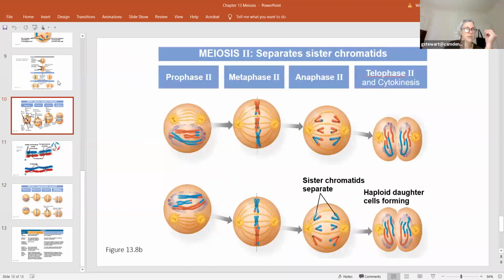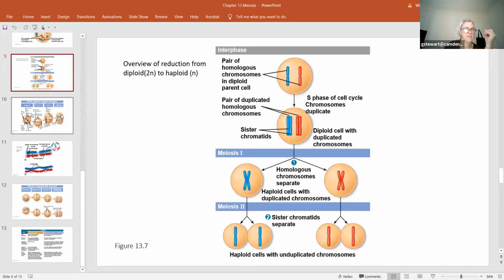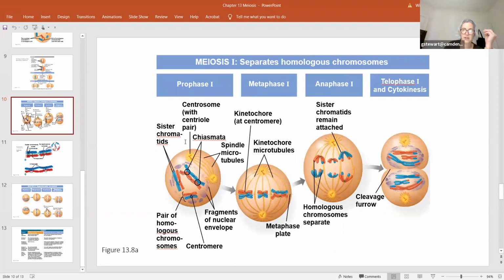So if we take a look back here in this picture of all of the steps of meiosis, you can see in prophase 1, they're labeled the chiasmata, that's the plural. I believe chiasma is the singular, and that marks the place where crossing over has occurred. And then notice those chromosomes that have crossed over, those pieces that have broken off and changed, they keep them color-wise all the way through.